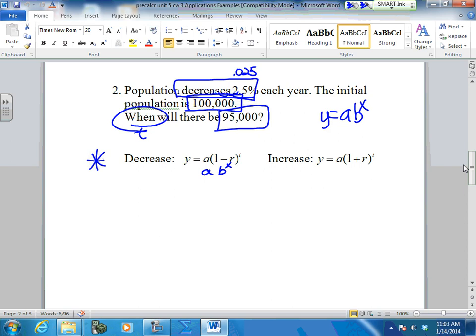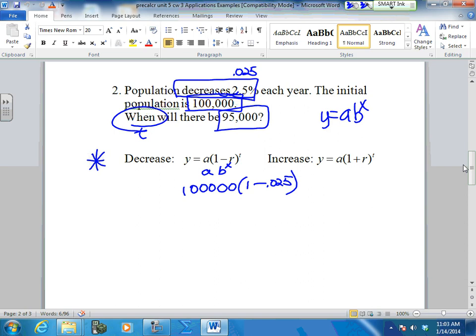We're starting out with a population of 100,000. We're decreasing it each year by 2.5%, 0.025. Now, remember, when we talked about the decrease, we said you're actually getting what is left. So if I subtract 1 minus 0.025, there's my 0.975. I got 0.975 of my population left each year.